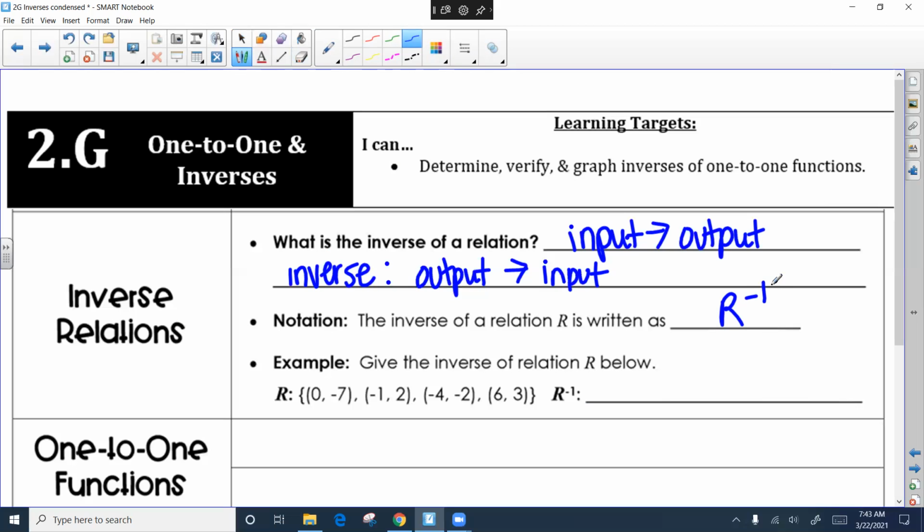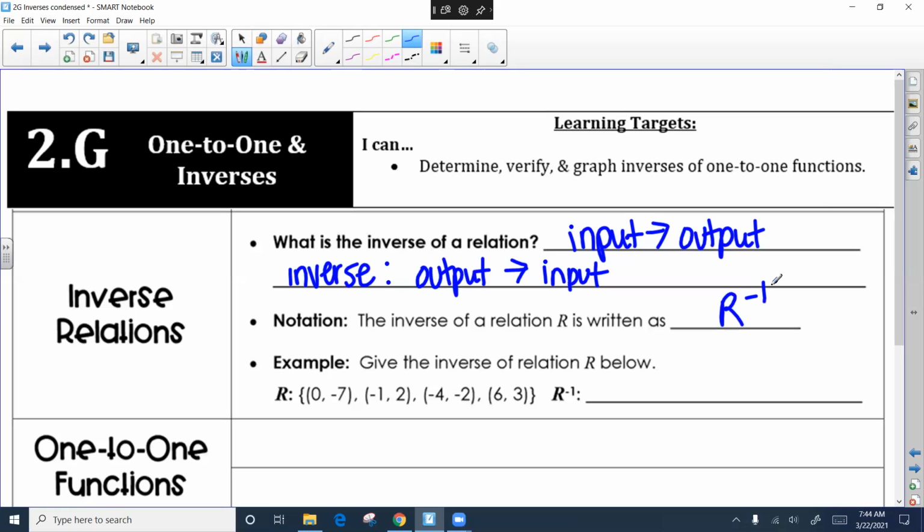So it's not a -1 power, that's just the notation we use. It looks like a -1 power, we write it in the superscript, but we say R inverse. So we don't say R to the -1, this means R inverse. And we'll see what it looks like with a function as well.